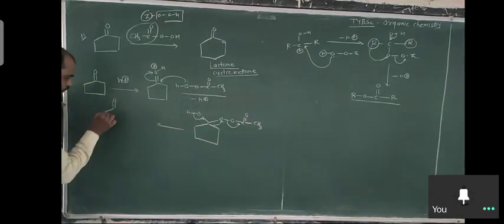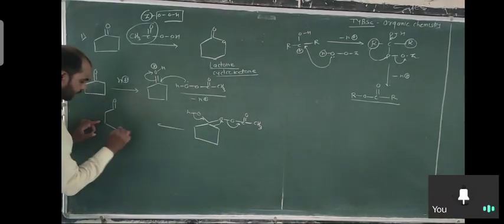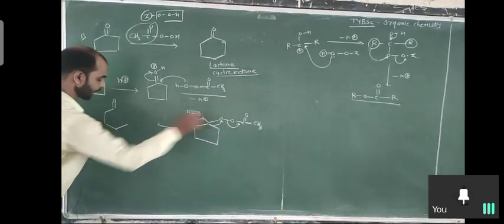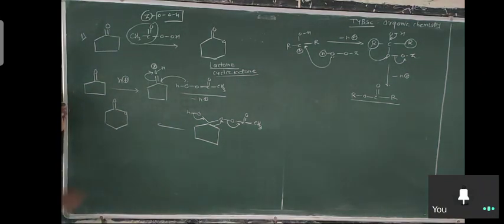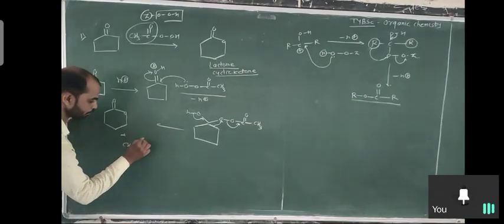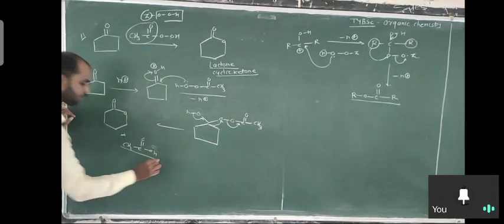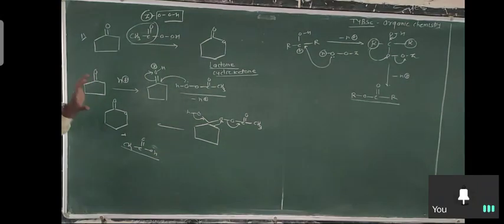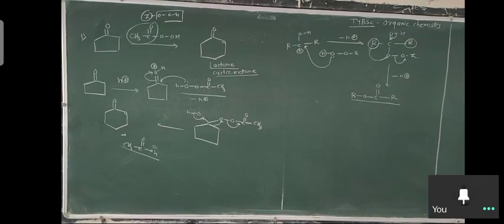Okay, 1, 2, then 3, then 4. After that the fifth one is oxygen and then this one. Plus the remaining is CH3, C double bond O minus, which picks up this hydrogen and is converted into acetic acid. So this way we write the mechanism of Baeyer-Villiger oxidation reaction.